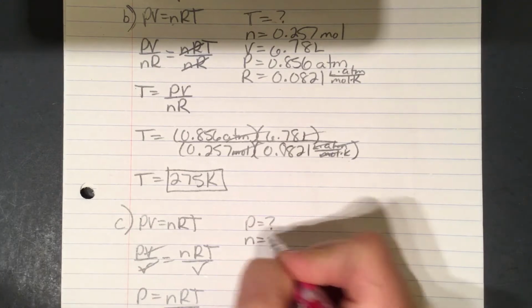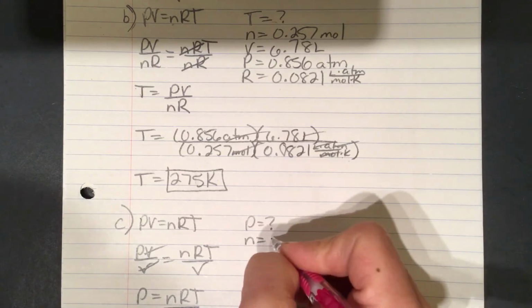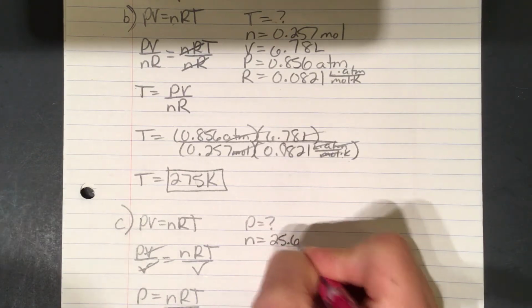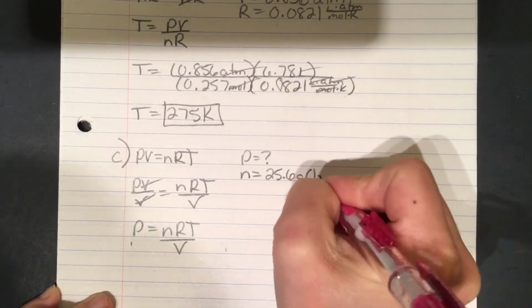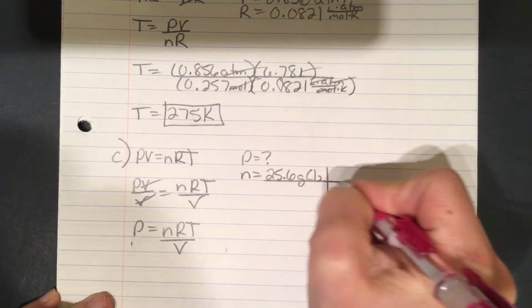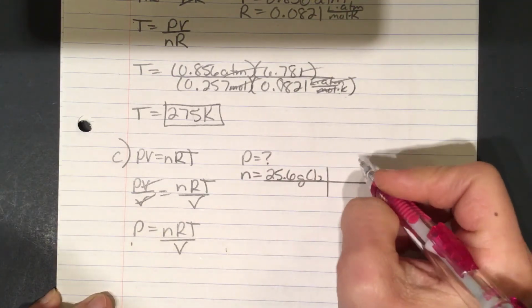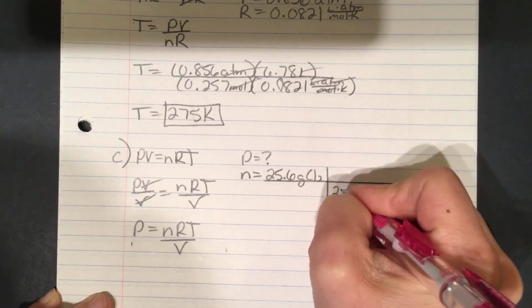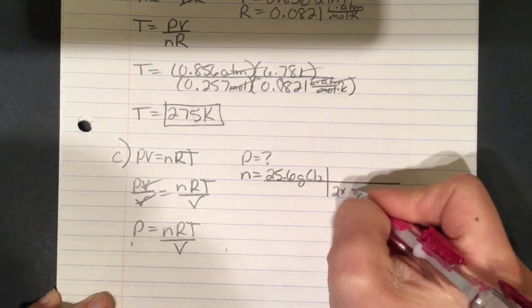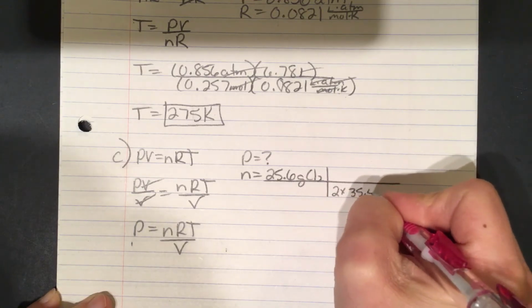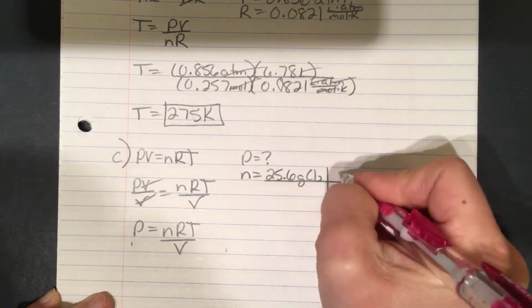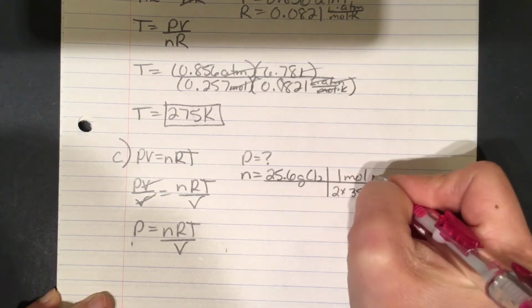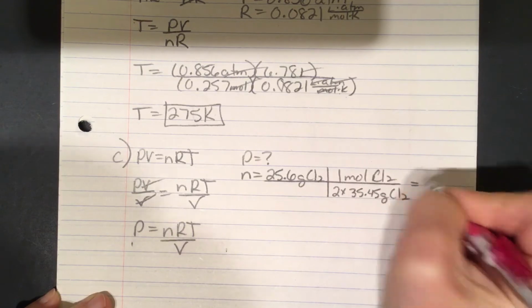For n, they don't give me the number of moles, they give me the mass, but I have 25.6 grams of chlorine gas, and I know how to find the moles. That is 2 times the molar mass of chlorine, which is 35.45 grams of chlorine, which is 1 mole of chlorine gas.